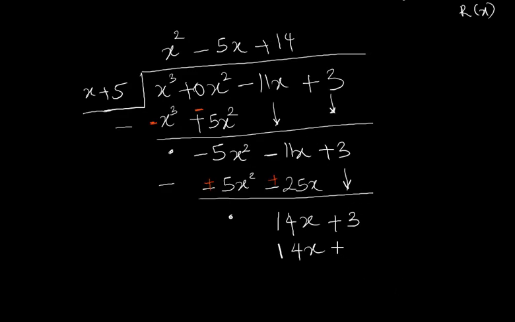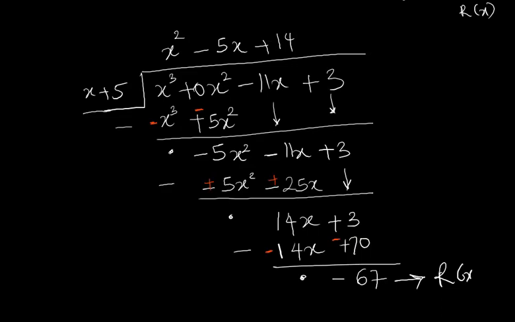Okay, so this is going to be plus 70. Then we subtract. Again, this is plus becomes minus. This is plus becomes minus as well. Okay, so we have 14x minus 14x, plus 3 minus 70. So that will give us minus 67.